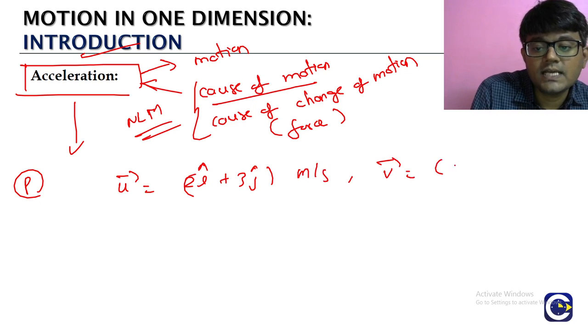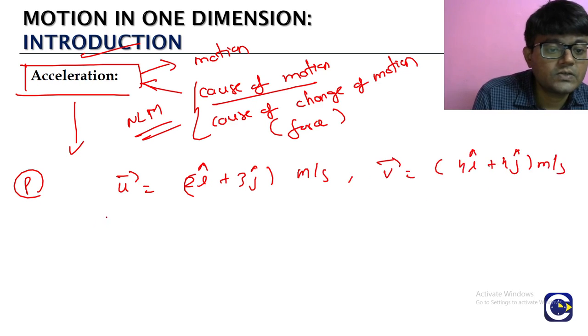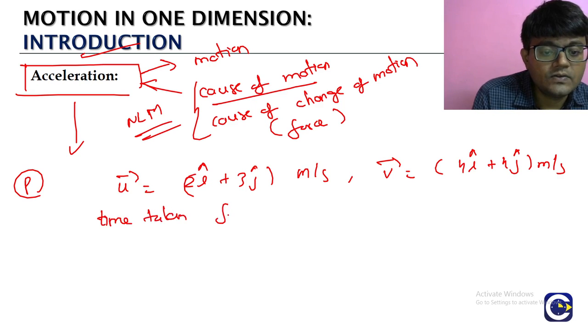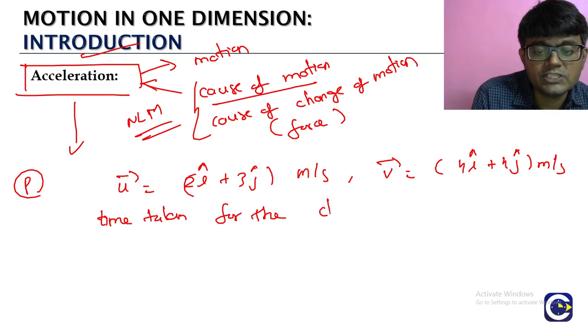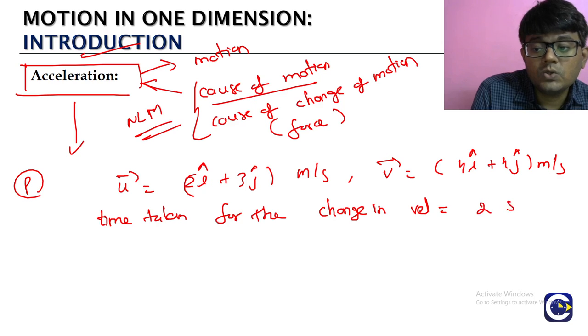The final velocity is 4i plus 4j meter per second. The time taken for the change in velocity is 2 seconds.